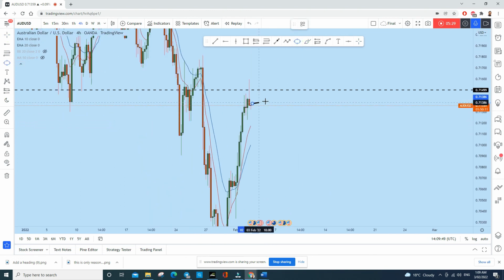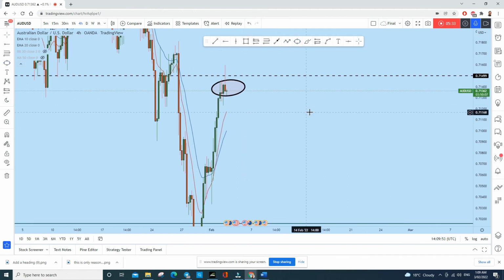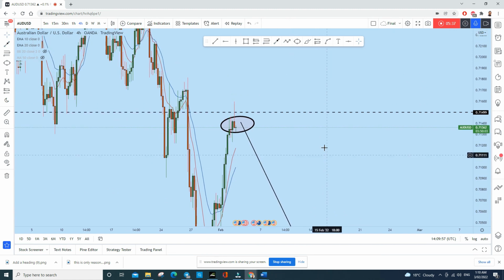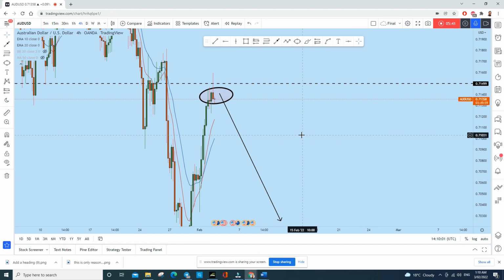Now this is what we are doing with our student. We are now going short from this zone with high risk to reward ratio, keeping our stop loss above this high, as this candle, after closing of this candle, satisfies the rules of our strategy.